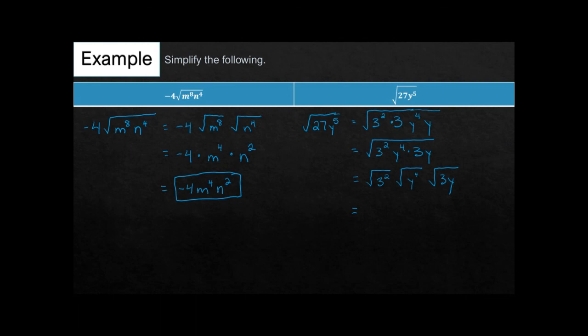So the square root of 3 squared gives me 3. The square root of y to the 4th, 4 divided by 2 is 2, so we get y squared. And then I have my square root of 3y. So we just rewrite this without our multiplication symbol and put everything together. We have 3y squared times the square root of 3y.